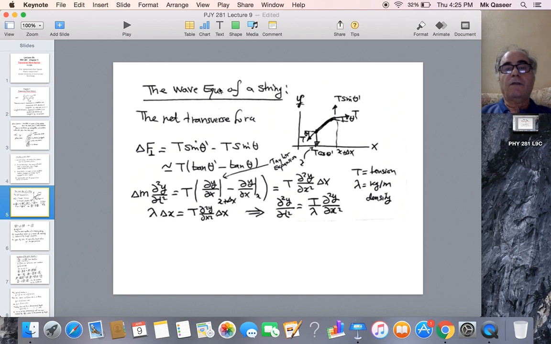Now let's derive the wave equation for a string. We already derived this in the previous lecture.